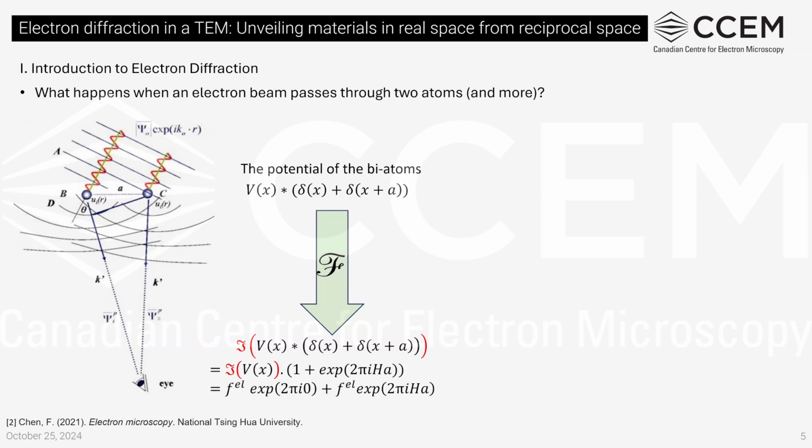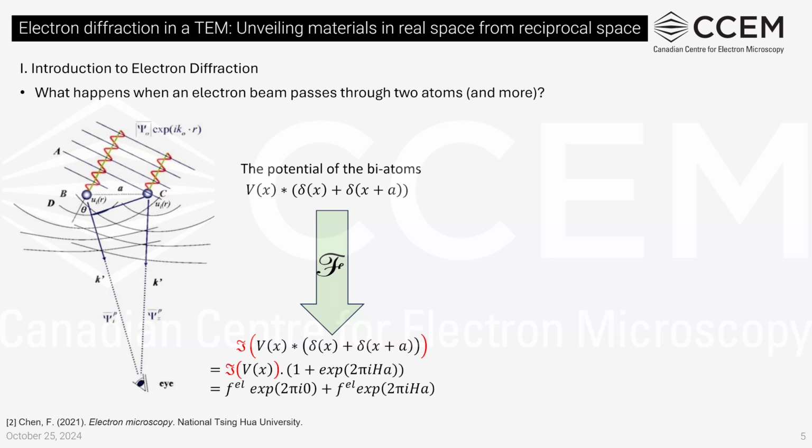So here we see the result consists of the summation of the Fourier transforms of the two atoms, the first atom and the second atom. Both parts contain the electron scattering factor. We knew from the previous slide that f_el depends on the Z value. It depends on what atom it is.